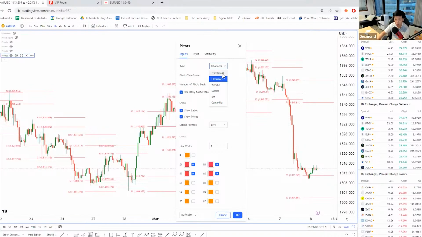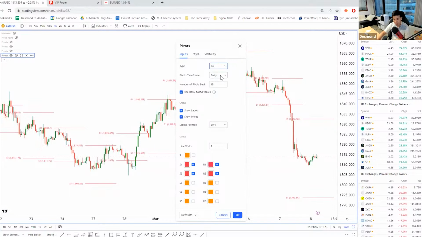You can choose traditional, woody, classic, which is D-mark, and Camarilla. In this case, we're going to use D-mark. And the important thing is that you get to pick the time frame.